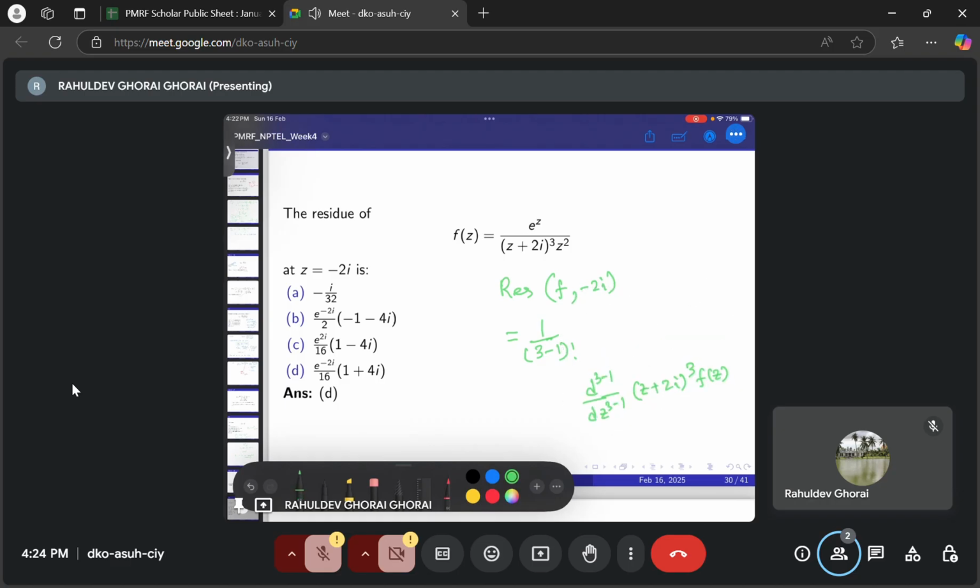Write it like this, times limit z tends to minus 2i.